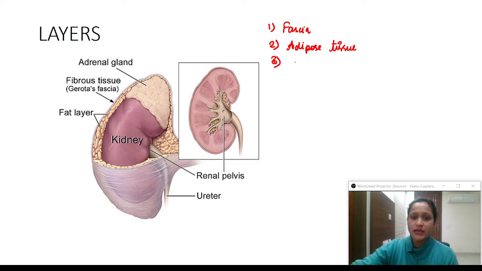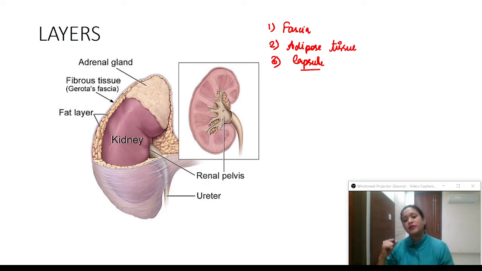The innermost layer is known as the capsule. So the outermost is the fascia, the adipose tissue layer is the middle one, and the innermost is the capsule. So these are the three layers which are protecting the kidney.